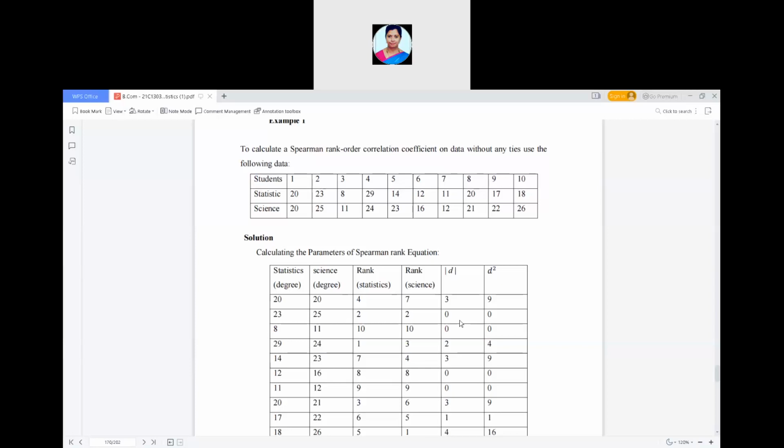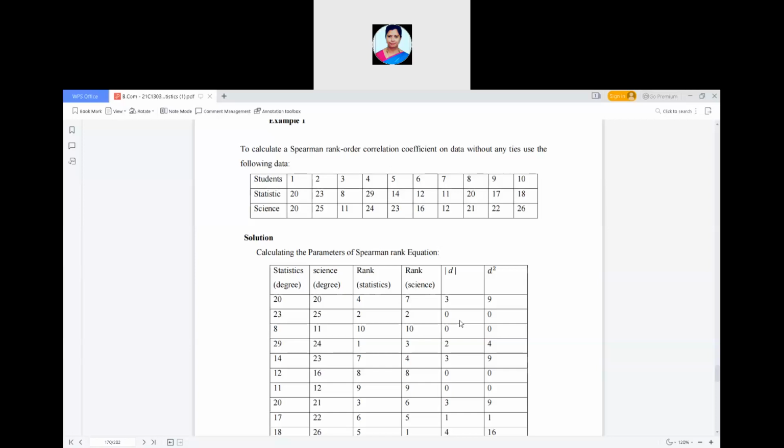For statistics, we are forming the ranking. We can rank from highest to lowest, or lowest to highest, or both. Here in this model we have taken from highest to lowest.